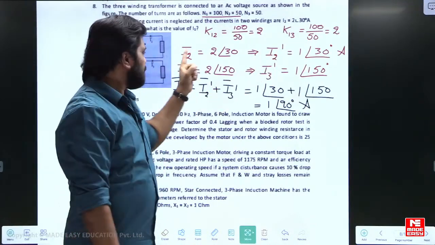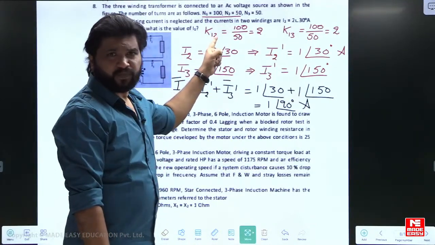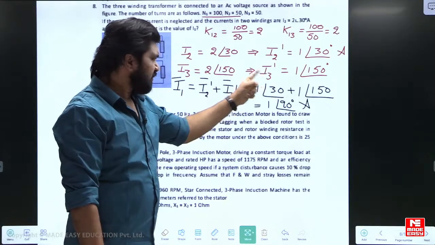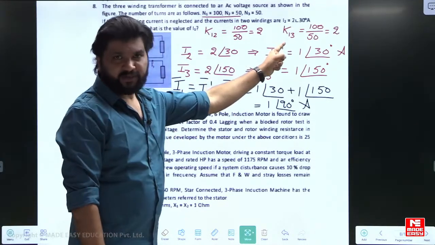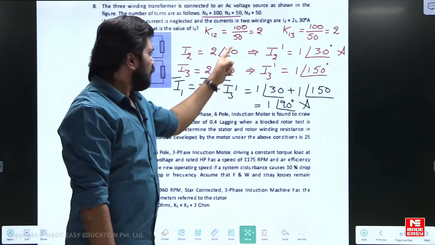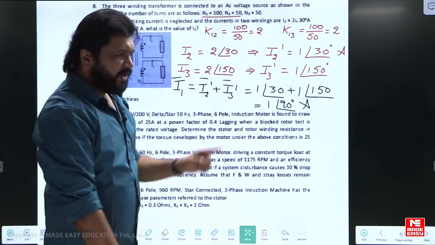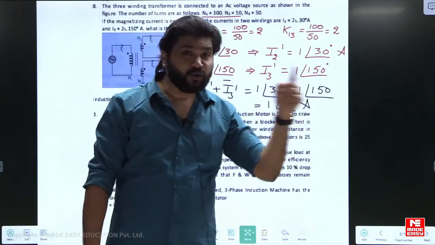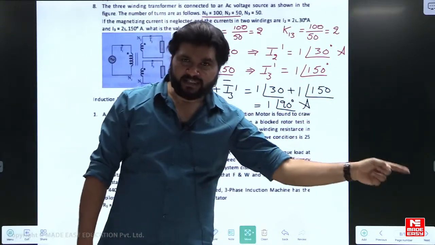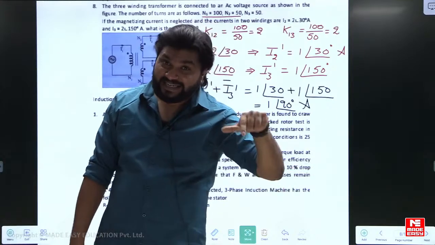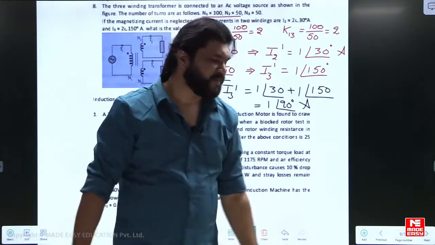I2 dash is I2 by K12. I3 dash is I3 by K13. That's why 2 by 2, 2 by 2, it became 1, 1. If there is I2 in the secondary, I2 by K in the primary, I3 in the tertiary, I3 by its K in the primary. Transformer action.